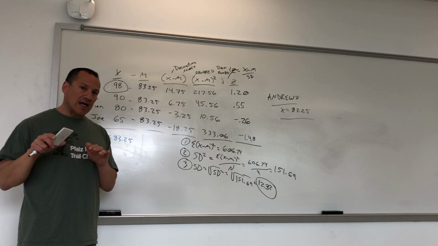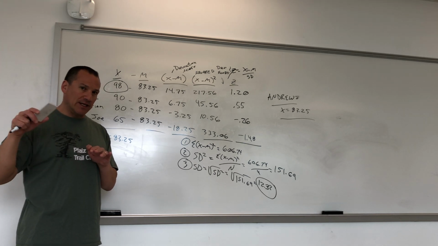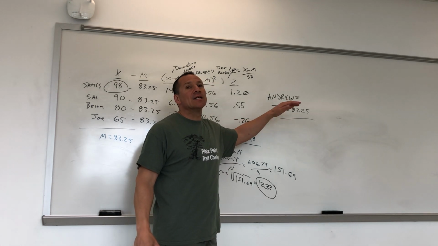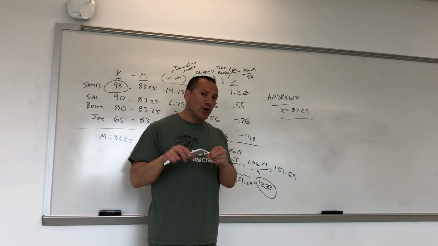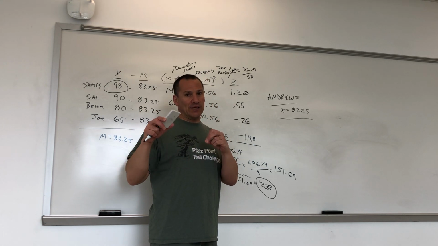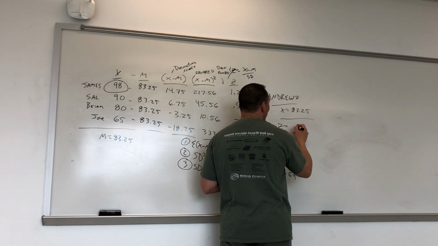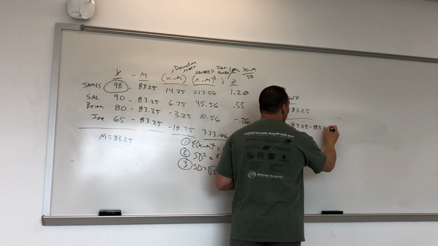Z corresponds to how many standard deviations above the mean or below the mean a particular raw score is. This particular raw score is exactly the mean. It is 0 standard deviations above the mean or below the mean. Z for Andrew is 83.25 minus 83.25, right?